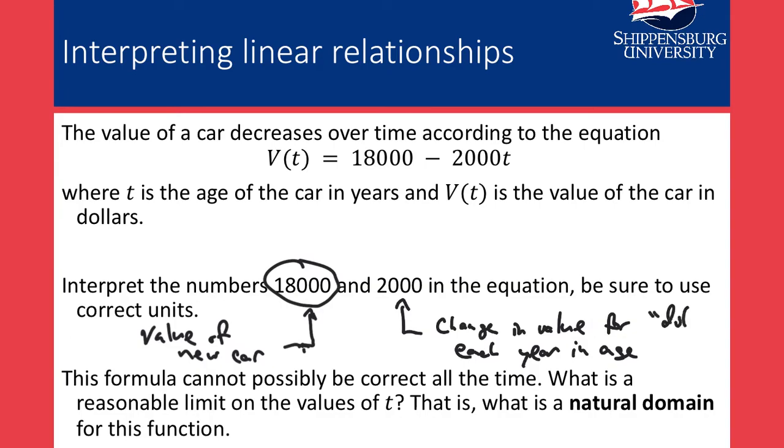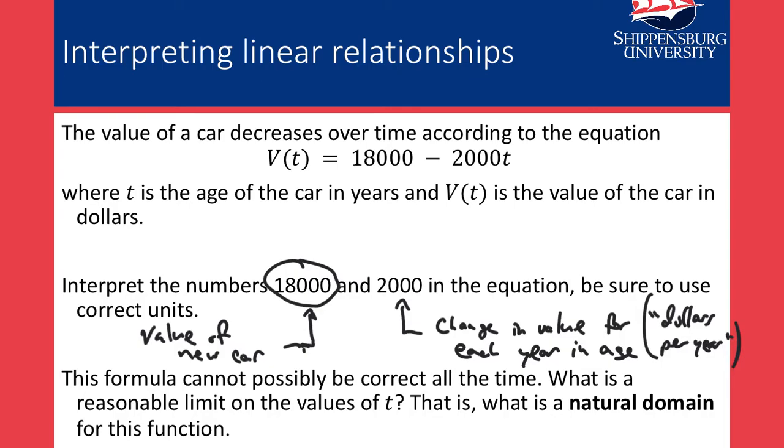So the units will be dollars per year. The units on the slope number will always be something per something. It'll always be a rate. So it'll be whatever the units of the outputs are, in this case dollars, per whatever units the inputs are, in this case years. So dollars per year because the outputs are dollars and the inputs are years.